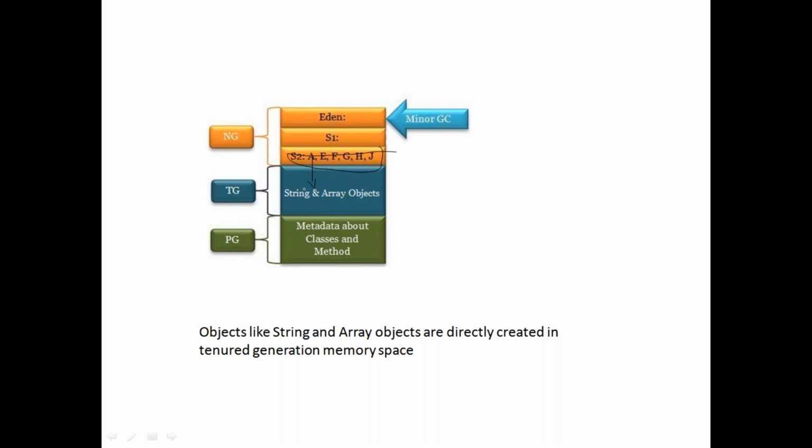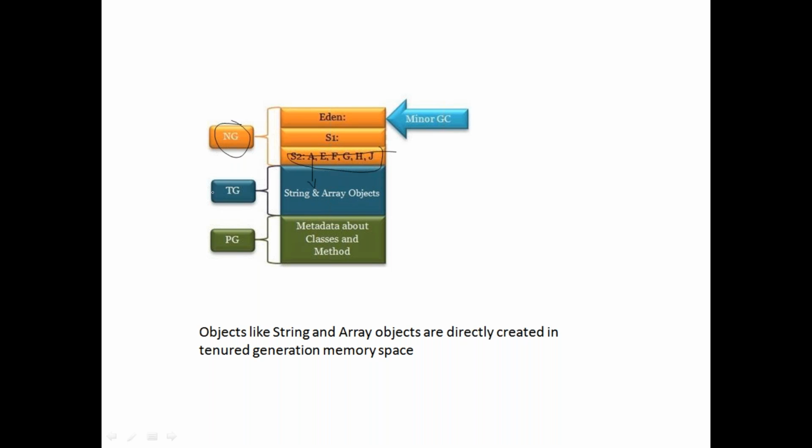Let's move them into the old generation. Once the age of those objects is good enough, they will be moved to the old generation. As the name suggests, the objects are old, whereas the objects in the young generation are new. Even here there are multiple spaces. Slowly objects come from Eden to S1, then S2, and finally to the old generation or tenured generation.